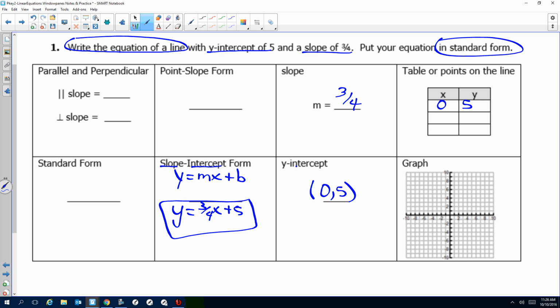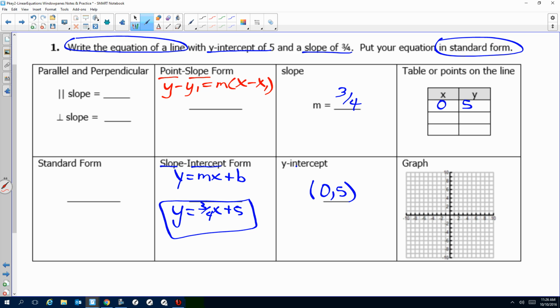Okay? Now, point-slope form. Point-slope form, you need a point and a slope. Well, over here, the y-intercept is a point. We have the slope, so I can still use the same information to come up with the point-slope form. Point-slope form is y minus y1 equals m parentheses x minus x1. I just want you to plug it in and have it written in that form.